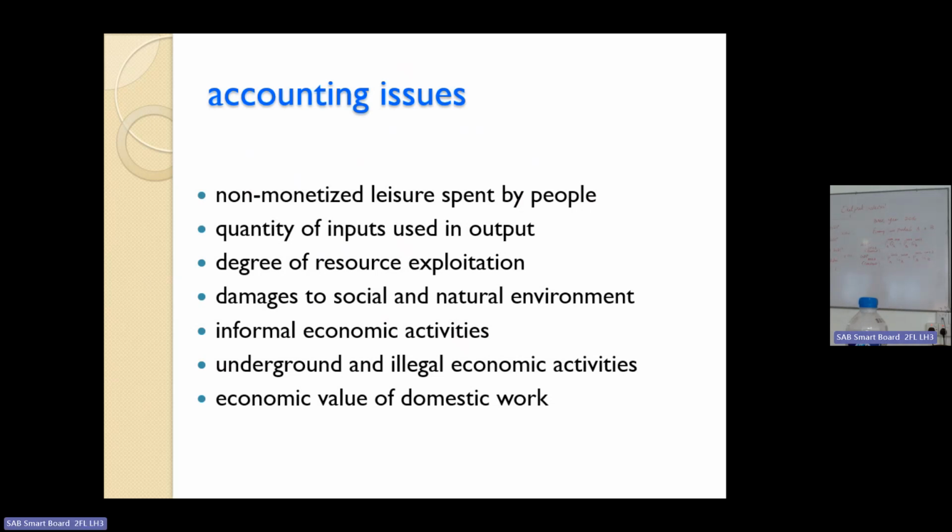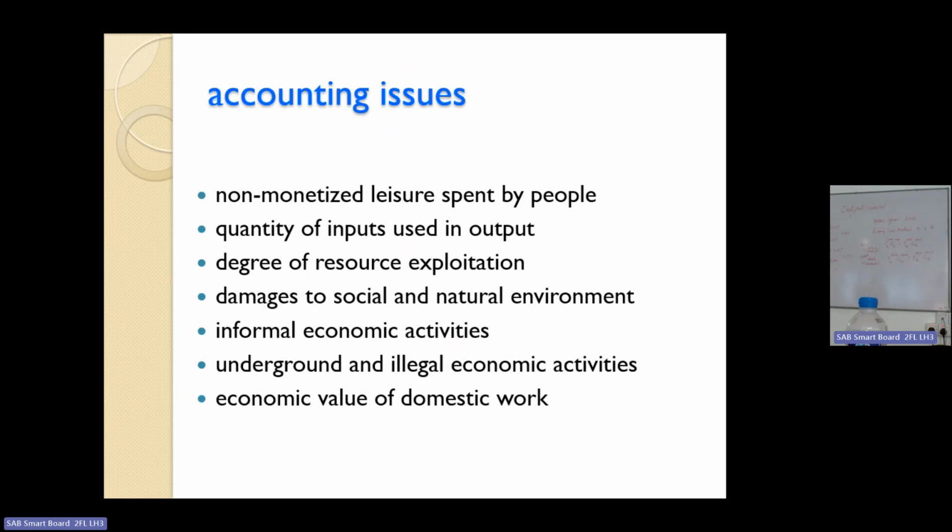And the quantity of inputs used in the output: we are talking about the output products, and the materials that we use. The other issue is resource exploitation. We can increase the output suddenly, even in one day, by exploiting the resources, cutting down trees.